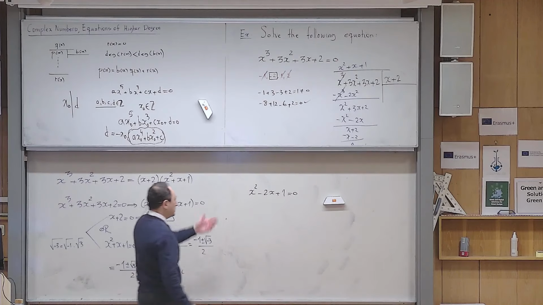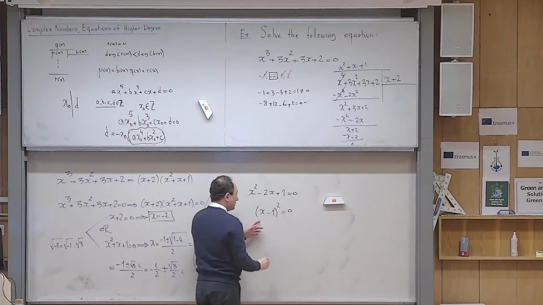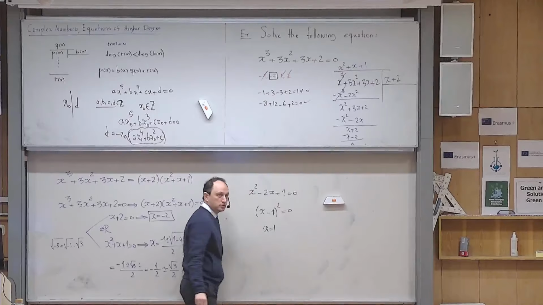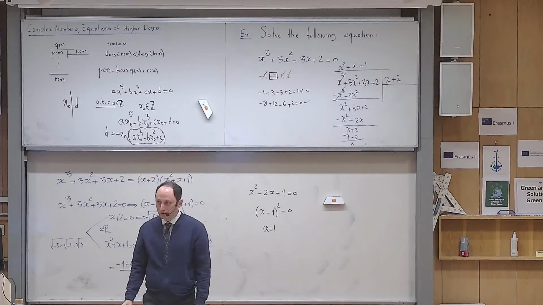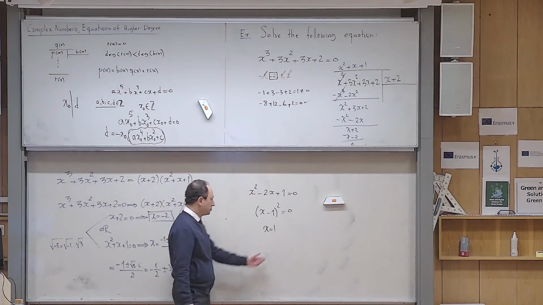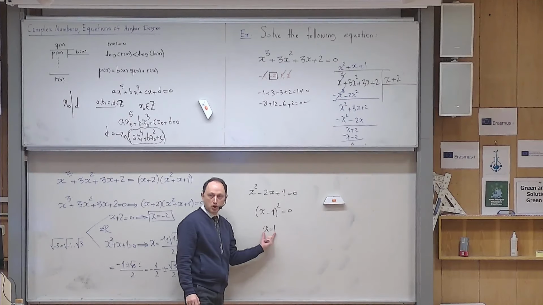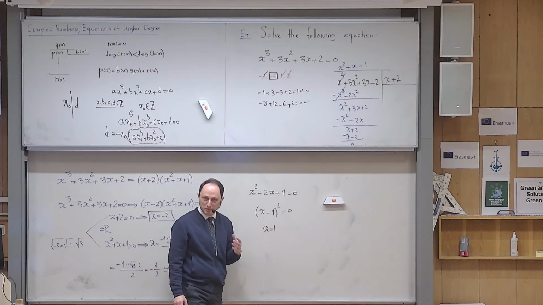This is a very simple equation. You write it as x minus 1 to the power of 2 equals 0. What answer do you get? 1. But have you heard about this before? This is not a single root. This is called a double root. And that is what I'm calling multiplicity.